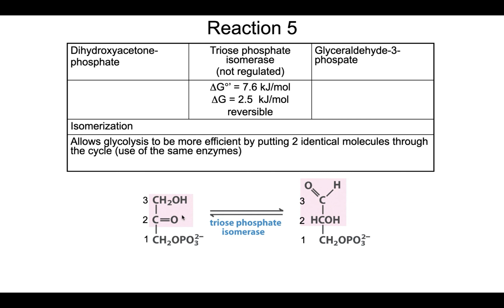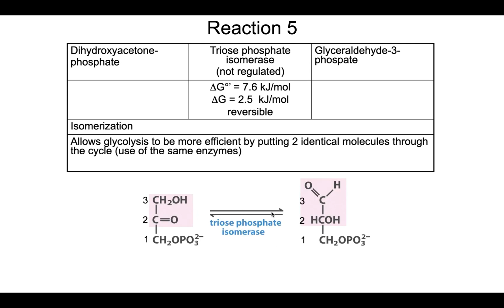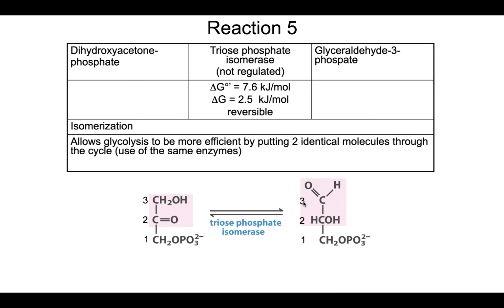And here is from glucose, here's our carbon 3, our carbon 2, our carbon 1 of dihydroxyacetone phosphate. This molecule right there. And when we do that, we turn it into another glyceraldehyde 3-phosphate. So now we have 2 molecules of glyceraldehyde 3-phosphate. One of them derives from carbons 4, 5, and 6 of glucose, and the other one derives from carbons 3, 2, and 1 of glucose.